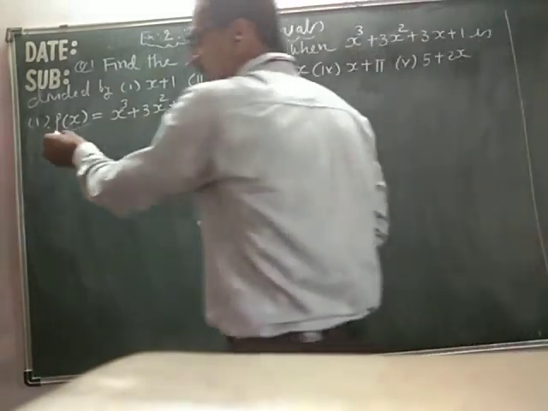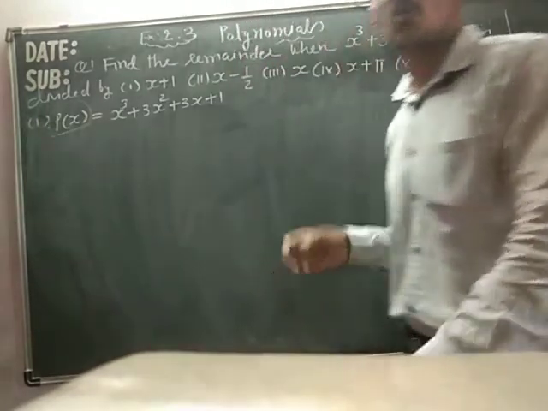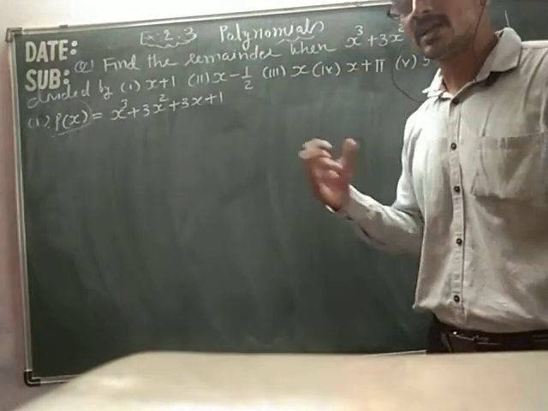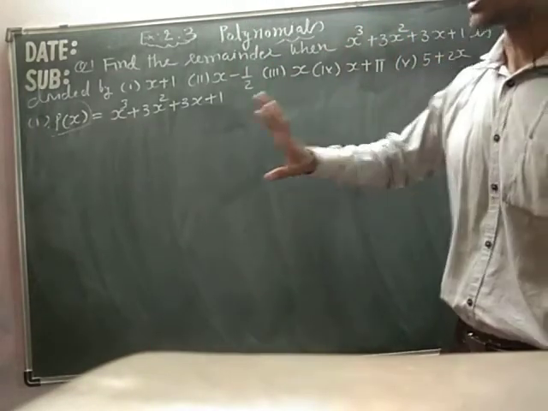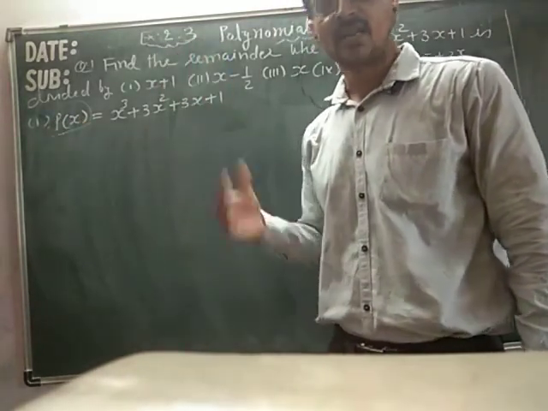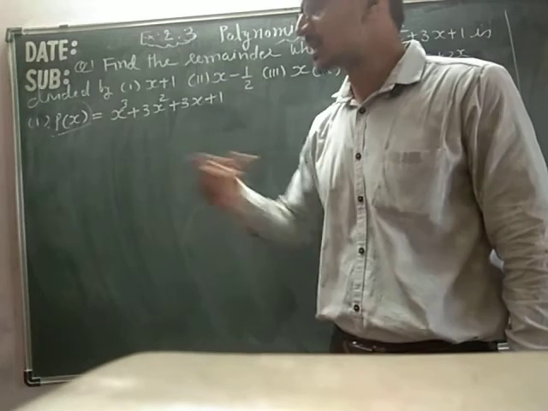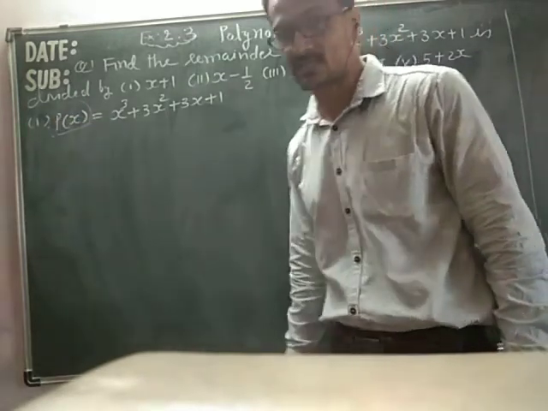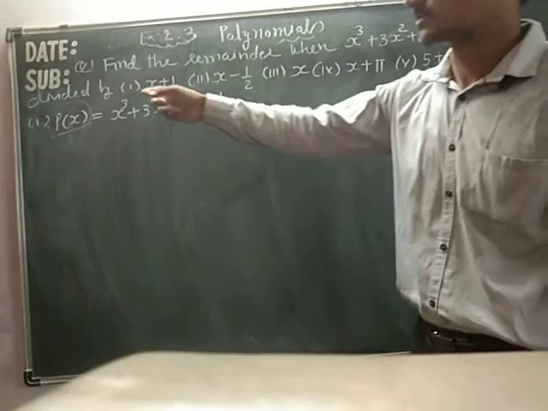That means this p of x is called the remainder. So simple. Here we want to find the value of p of x. To find it, I will require the value of x, which we get from the question.